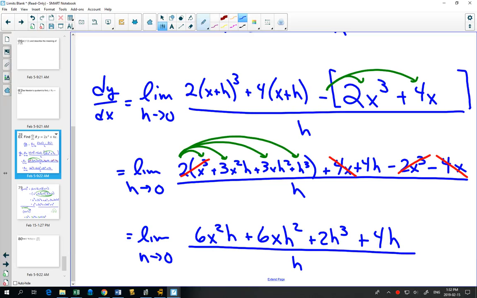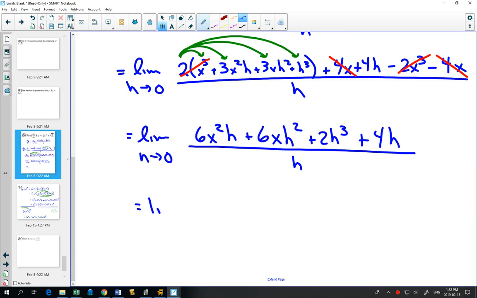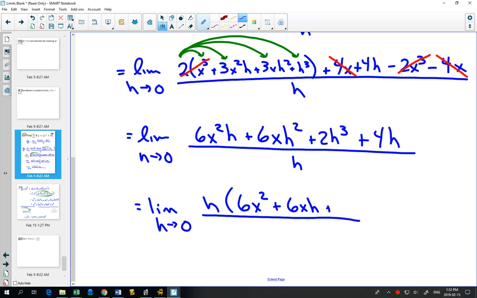Again, our goal for a limit is to do something to get rid of that h on the bottom, because then we'll be able to evaluate. Can you see in our numerator that I have an h in every single term? So I could factor it out, leaving me with 6x squared plus 6xh plus 2h squared plus 4 all over h. So my h's cancel out.